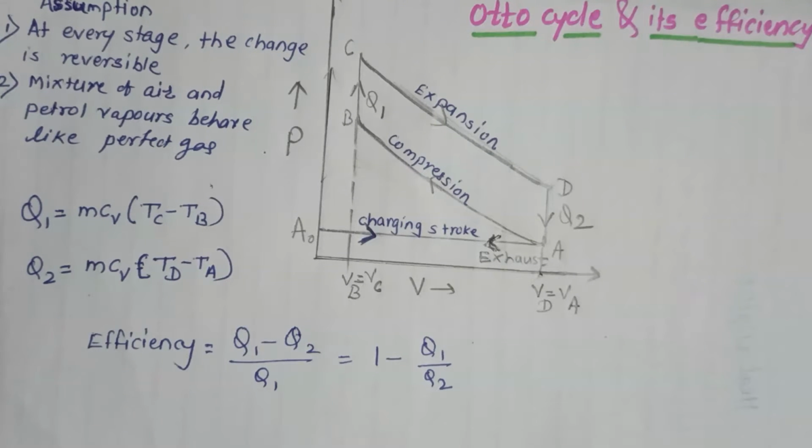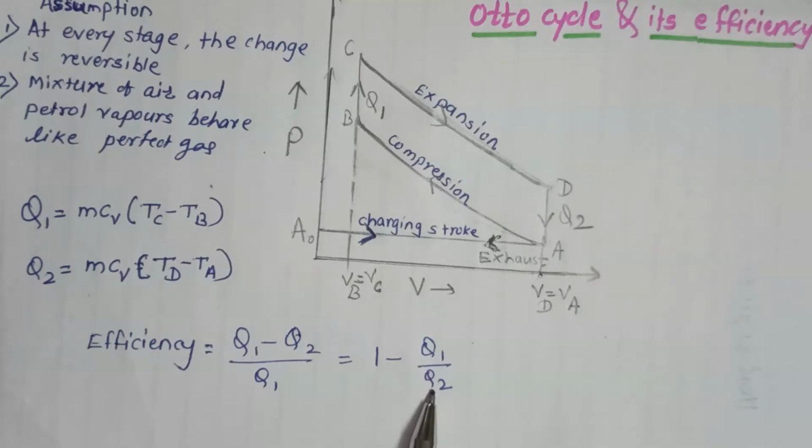We know that efficiency is equal to (Q1 minus Q2) divided by Q1, that is work obtained divided by energy supplied, which is equal to 1 minus Q2 upon Q1.